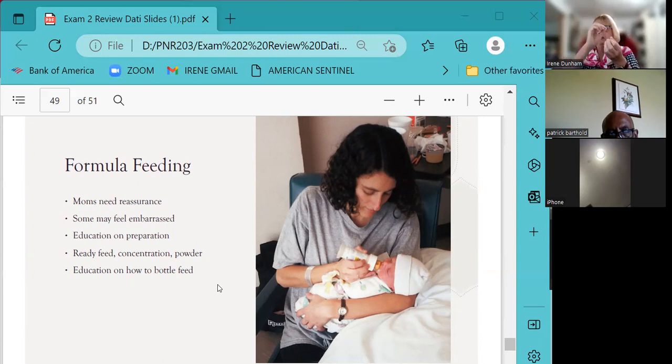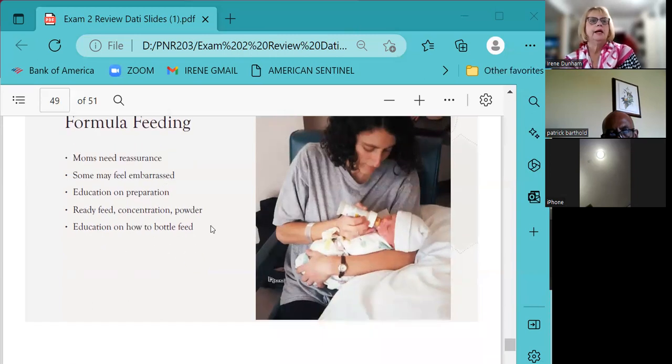Make sure that she uses the measuring spoon that they give her exactly, because she could over-dilute the mixture and the baby won't get the nourishment and all the vitamins it needs. Or she could give too much formula, and the baby could have constipation and stomach ache because now he's got too much powder, not enough water. So it has to have an even equalization of moisture with the formula.